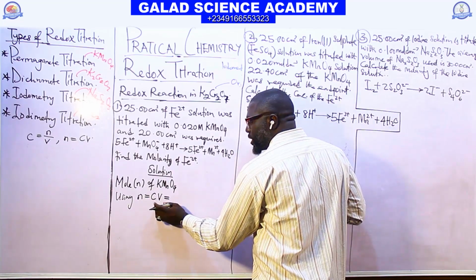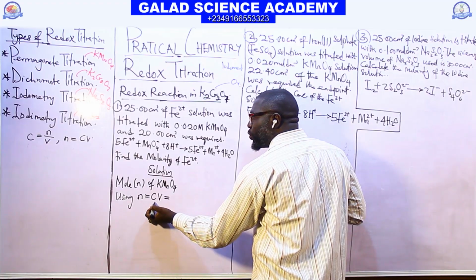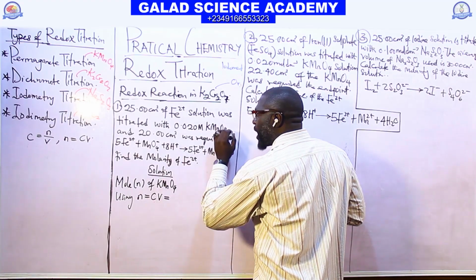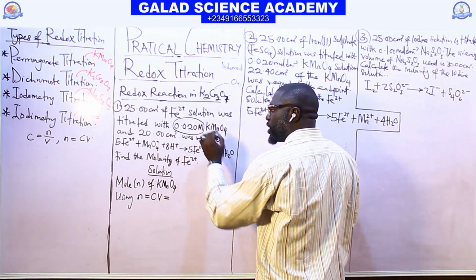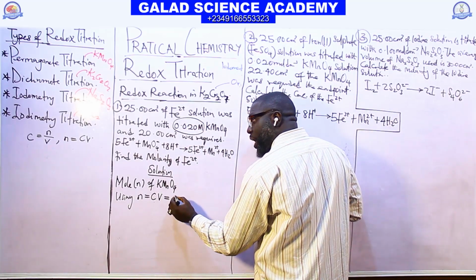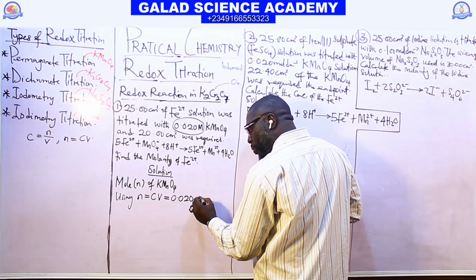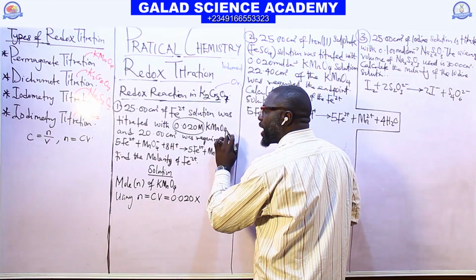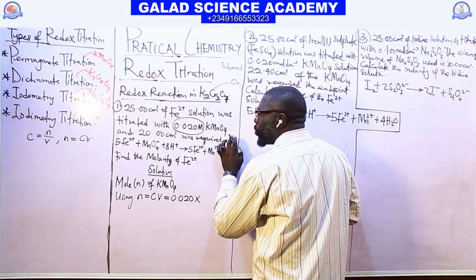So once we have this, what is the concentration given here? The concentration given from the question for KMnO4 is 0.02, multiplied by the volume of KMnO4 given from the question.